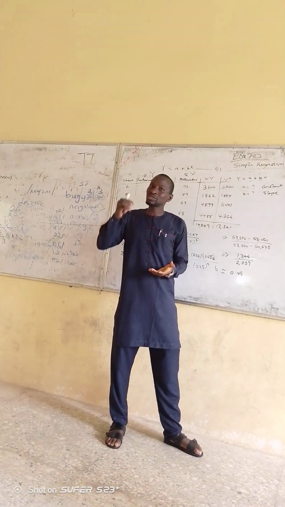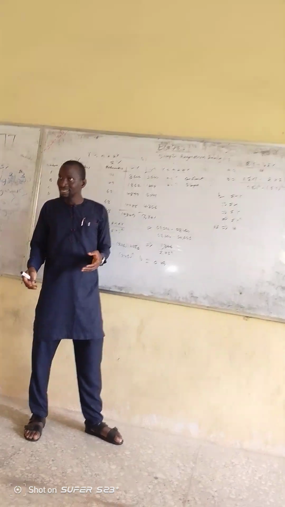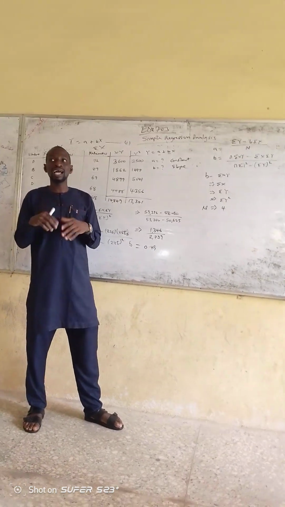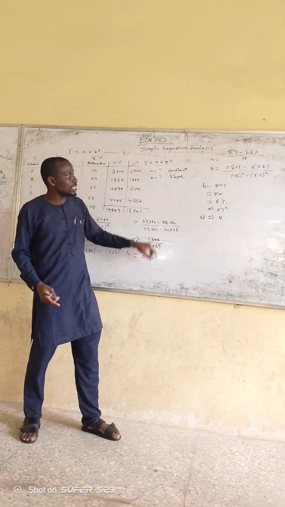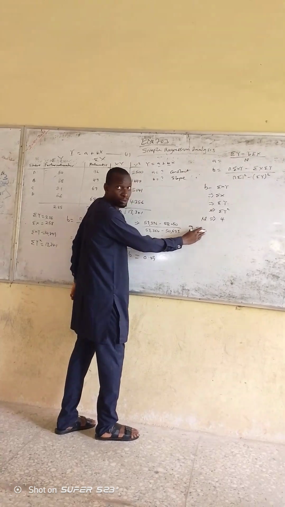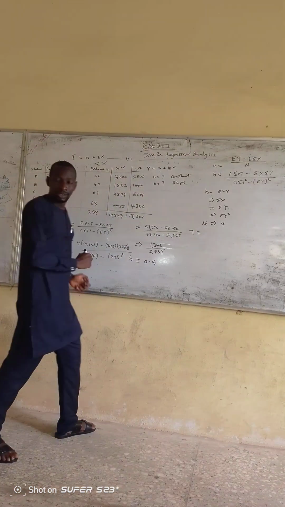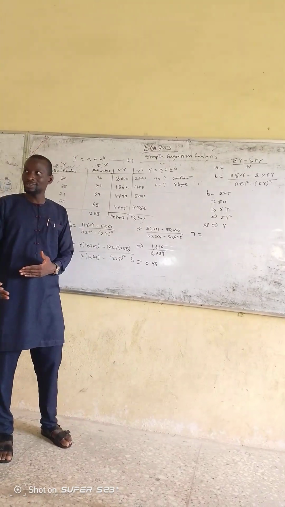Like I said earlier, for us to get our a and b, we have to work with y and x. If you did not work with y and x, you cannot get a and b. So if our b is 0.49, then our a will be what? What's our summation y? 225. Can we approximate that? Do not approximate when you are not done.